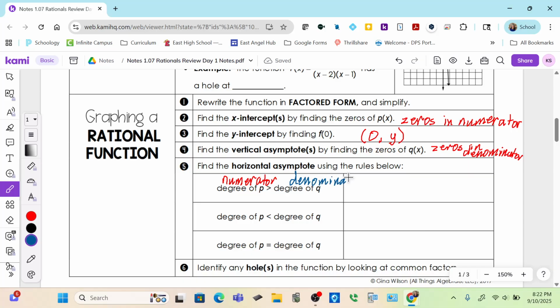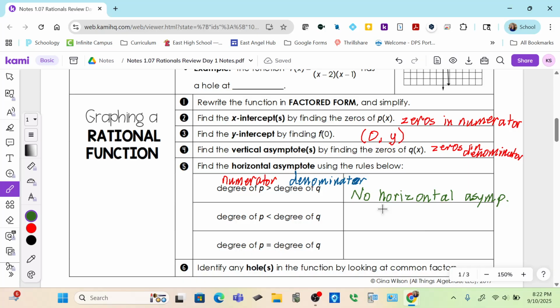If the degree of the numerator is greater than the degree of the denominator, there is no horizontal asymptote.